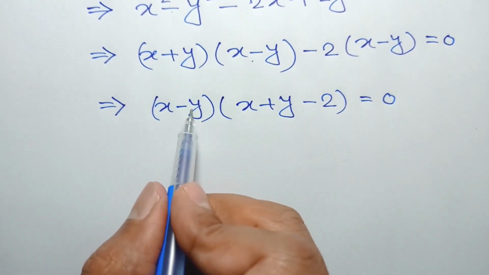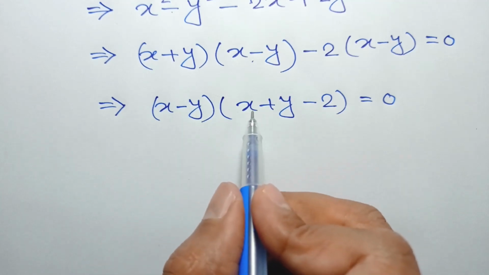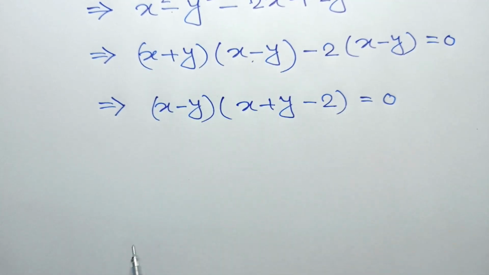So we will have x minus y is equal to 0, or x plus y minus 2 is equal to 0.